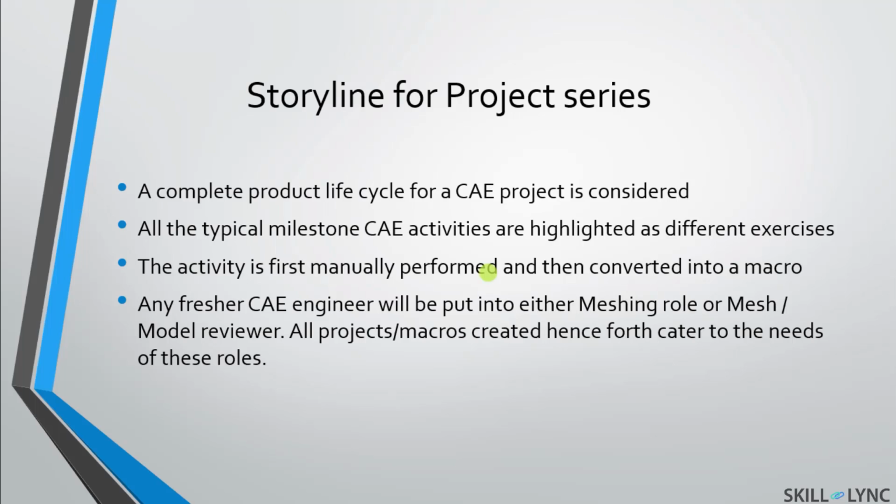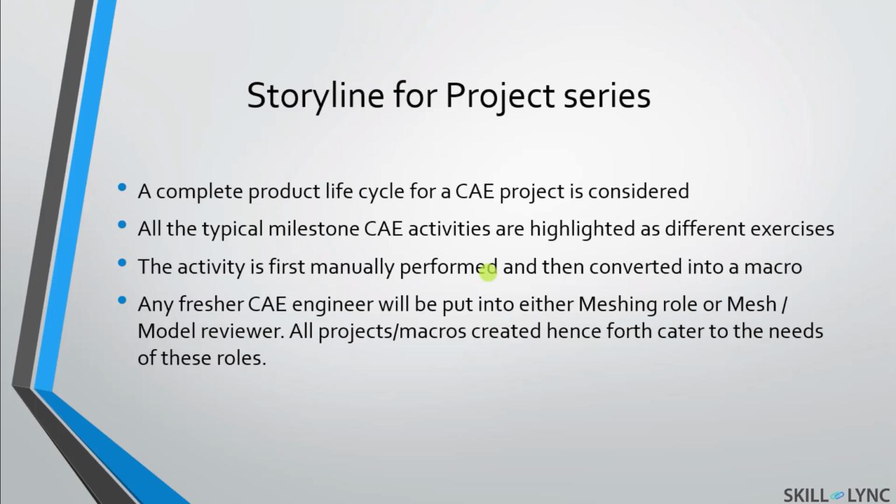Lastly, I would also like to emphasize what your lookout should be while you are looking at these activities. Let's assume that some of you might already be a CAE engineer somewhere, or some of you might be a fresher who is going to enter the CAE field. Typically you will be put into two major roles.